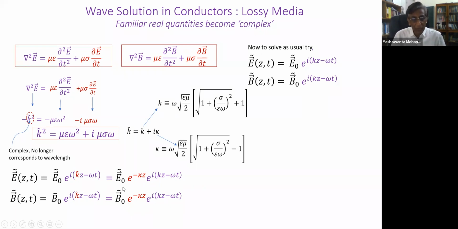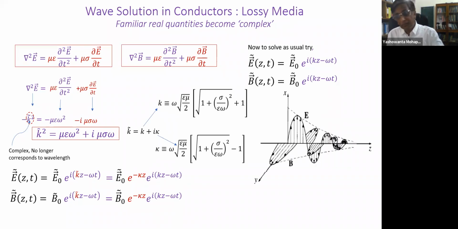So if I include this in the amplitude, then the amplitude is exponentially decaying as it progresses towards more and more z, it gets attenuated, as you would expect because it's a lossy medium. So just to show you the solution, the amplitude is exponentially decaying because of this e to the power minus kappa z, for both E and B. There are other consequences that we'll look at.